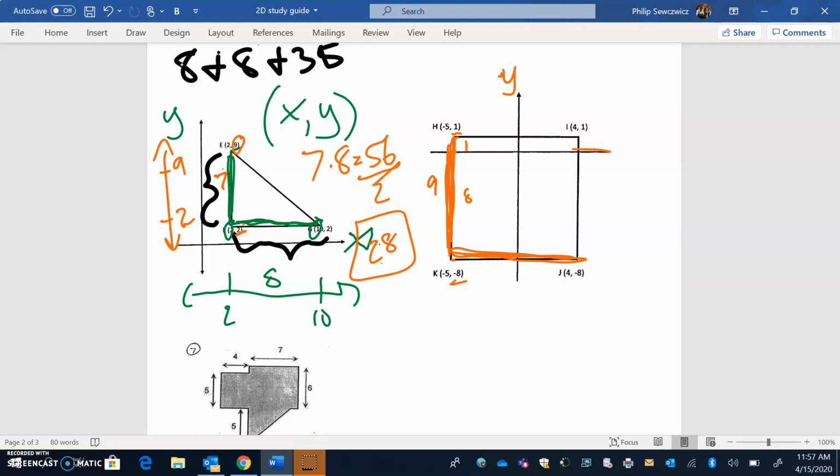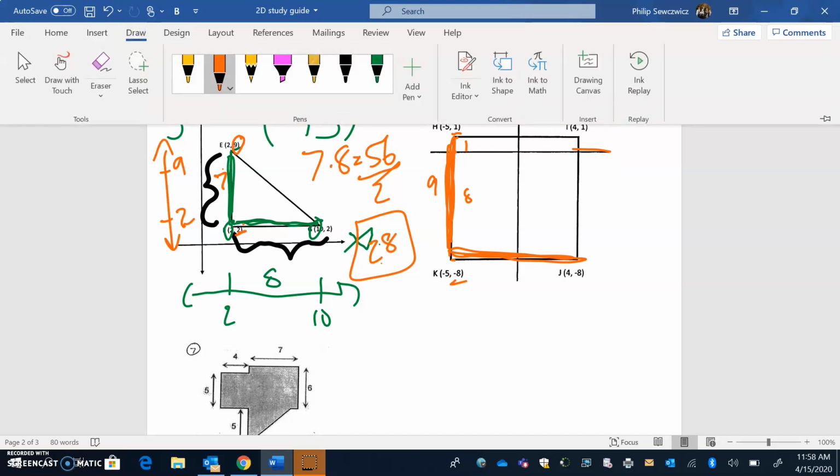But like I said, people, count. All right, you're at -8, -7, -6, -5, -4, -3. I'm counting on my fingers right now. Okay, get all the way to 1, and you're going to find out that you counted 9 spaces there. We're going to go left to right now. So because of that, we're using the x coordinates, the x.